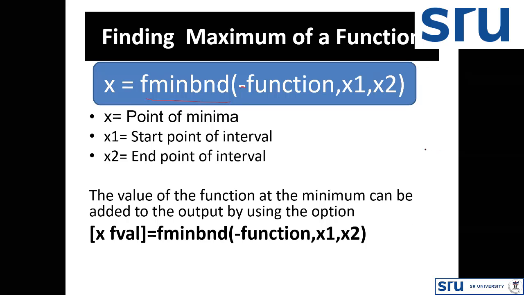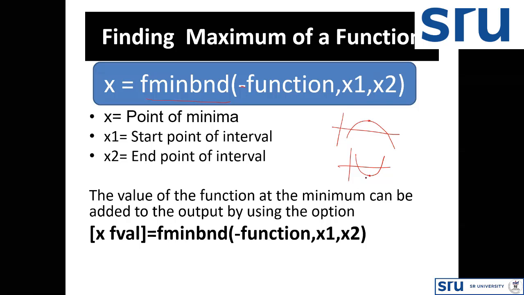Like here, suppose one example is like this one. So this is the point of maximum. If you reverse this function, then this becomes the point of minima. Suppose you have this function, at this point you have the point of minima.